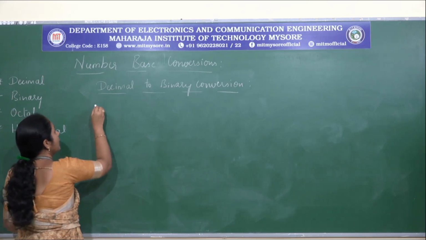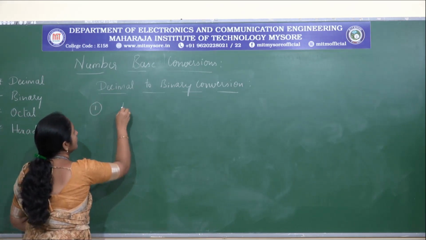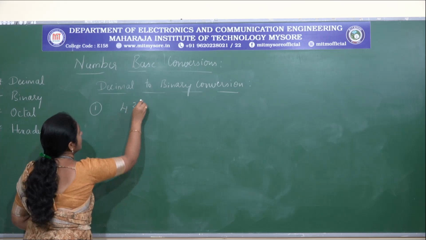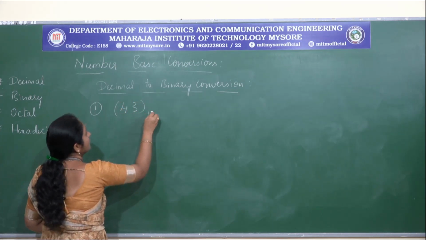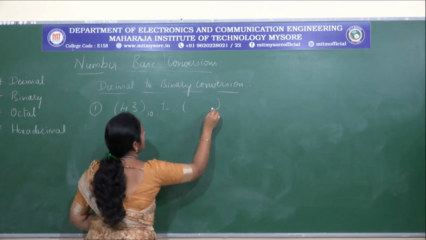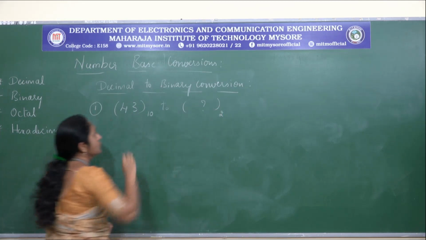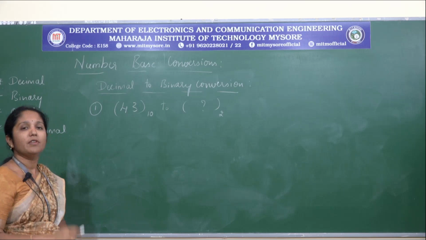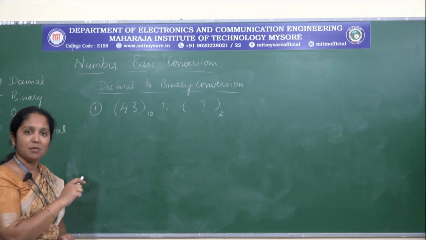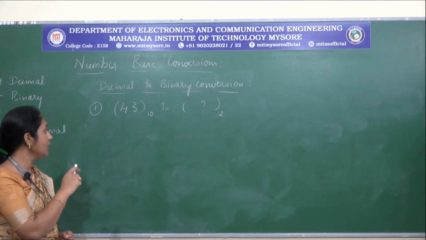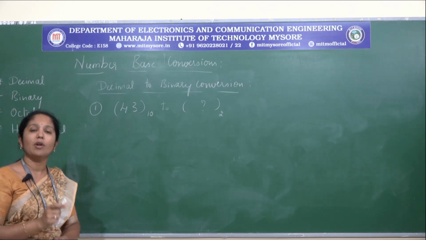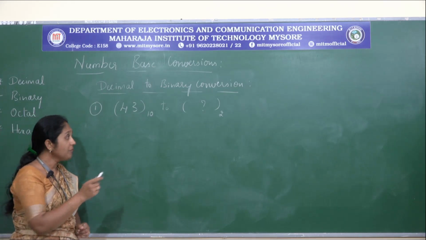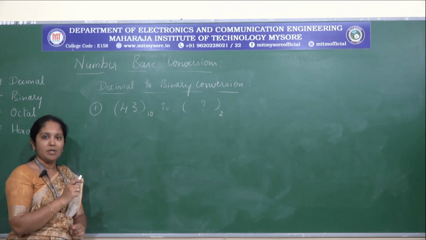As an example, let me consider: what is the equivalent of 43 in decimal? The given number is in decimal number system, that is 43. We need to find out its equivalent in binary number system.